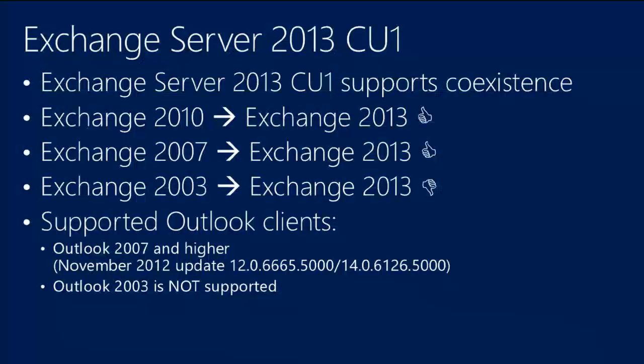And one that isn't taught all the time is you can run Outlook 2007 or 2010 against 2013, but you do require an update. And that's quite a recent update in November 2012. It's very important to check on that. If you don't have the update, it might work, but you will run into issues.